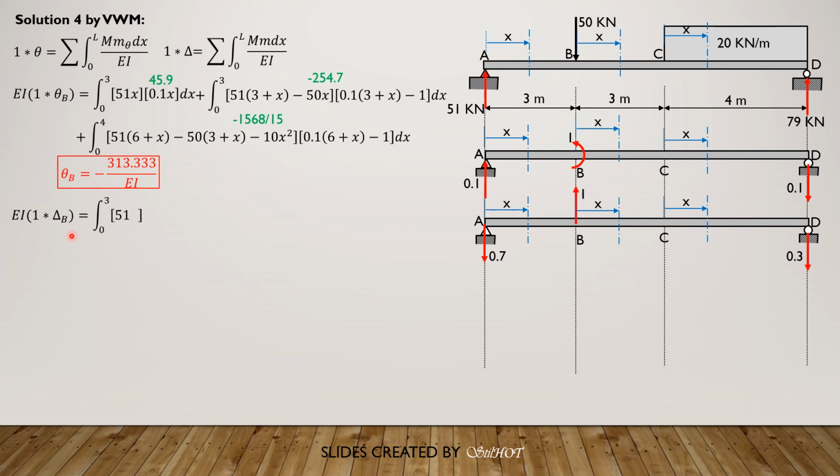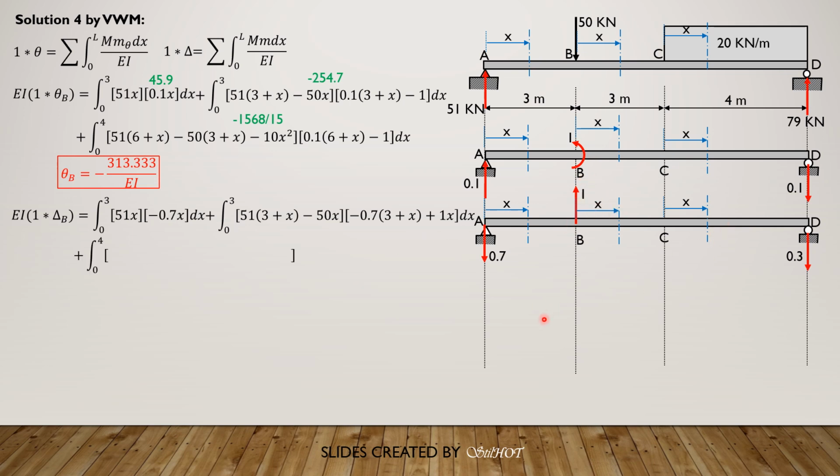Then EI delta B equals integral 0 to 3 of 51x as before. Then this time it is negative 0.7 times x, because this is now clockwise. Then plus integral of 51 times 3 plus x, you copy before, minus 50x, then times negative 0.7 times 3 plus x, the moment arm, plus 1 times x, or simply x, dx.